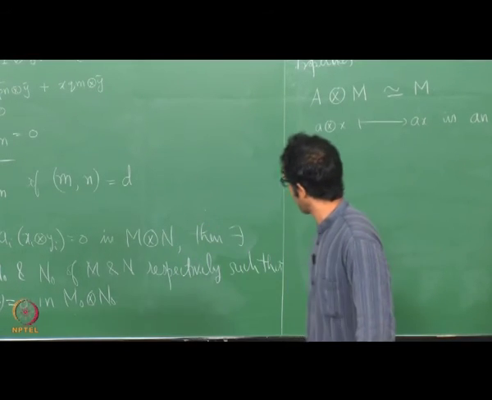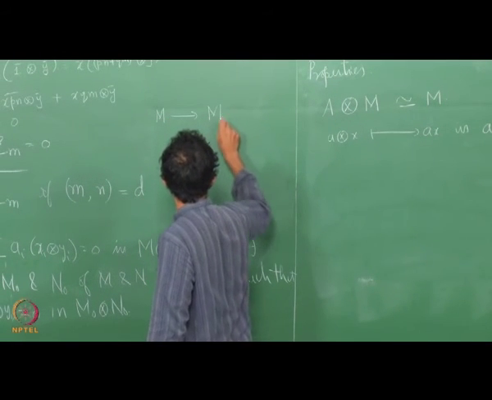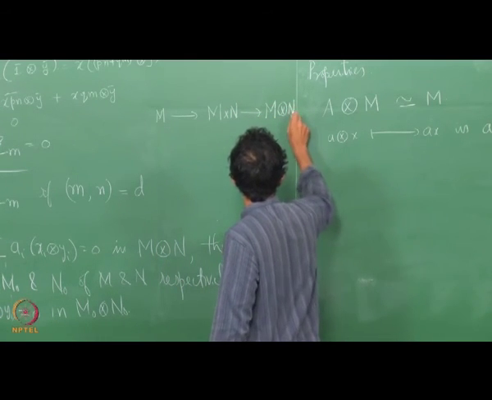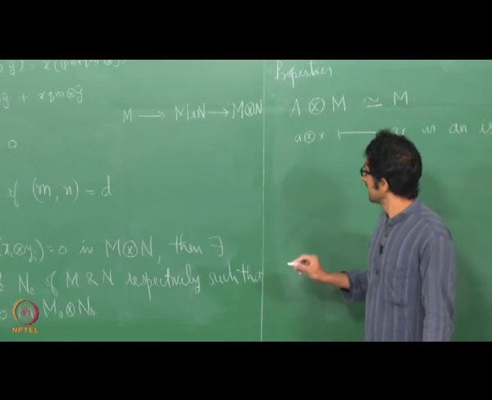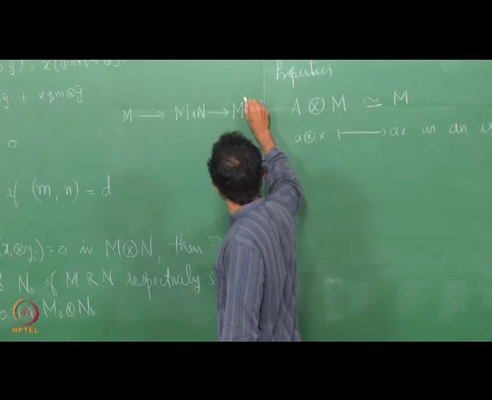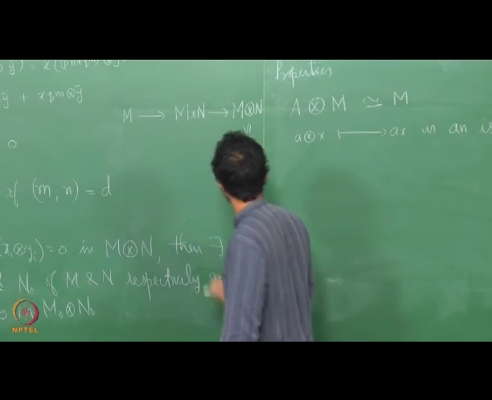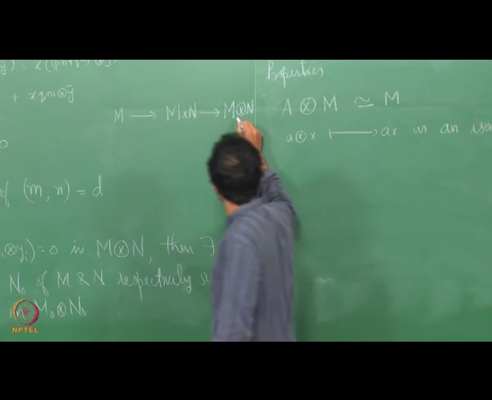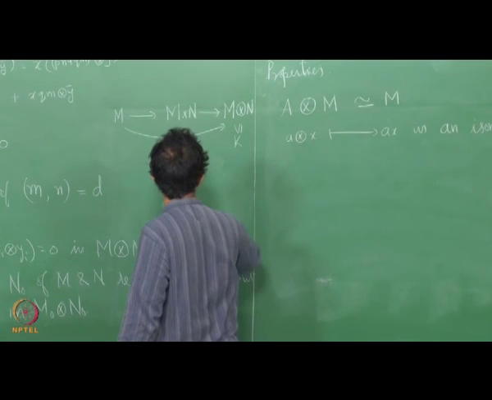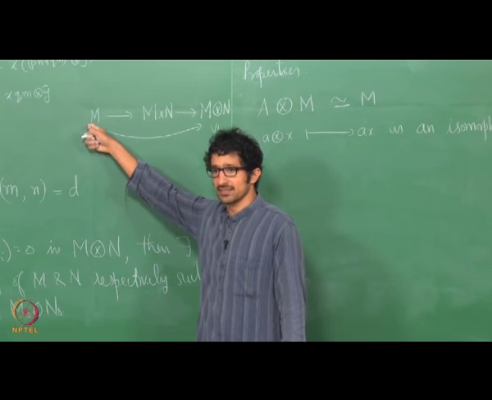Again you have a map from M cross N to M tensor N. Now if I take a submodule K and look at this map phi, then phi inverse of K is a submodule here.